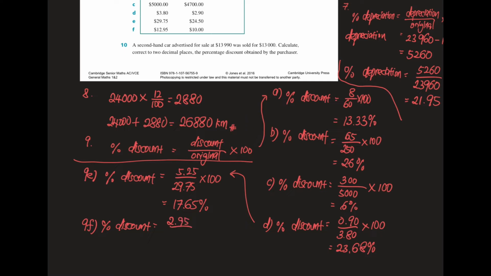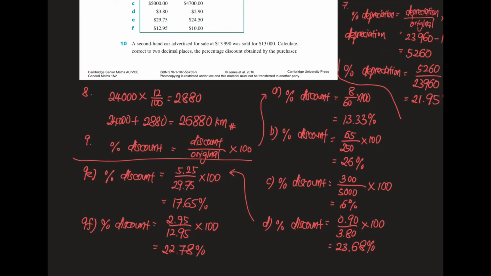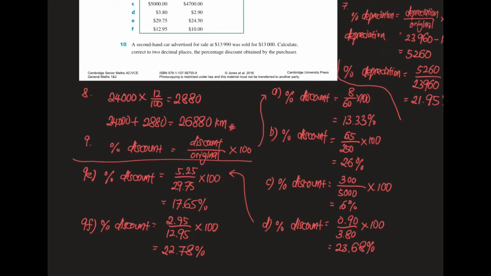So $2.95 over the original $12.95 times 100. Then we get 22.78%.